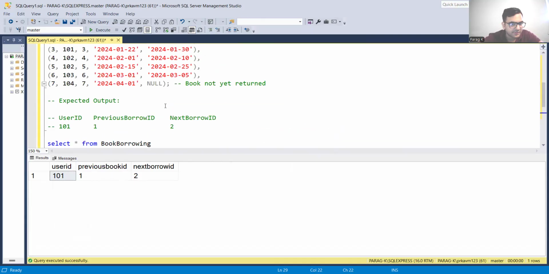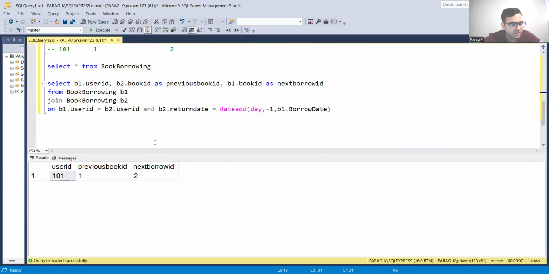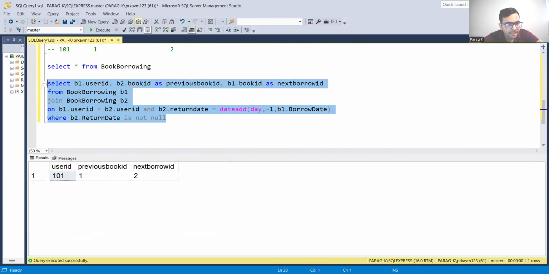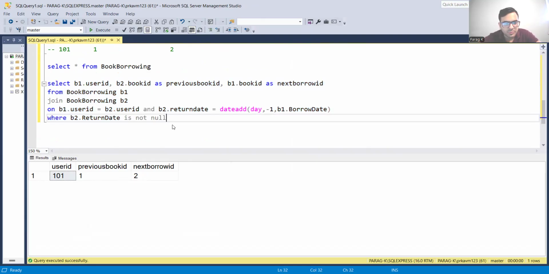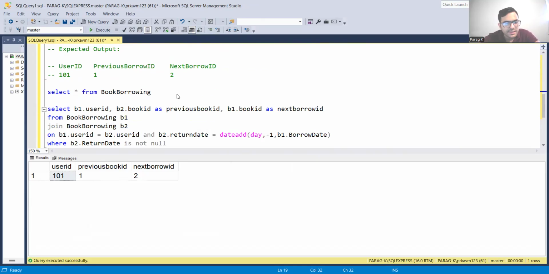Now observe one thing here: there is also null, which is not coming in as we are doing it, but it's good practice to put something like where b2.return date is not null. It doesn't make any difference as such, but it's important because if there was any case where null was being used, we can handle it.